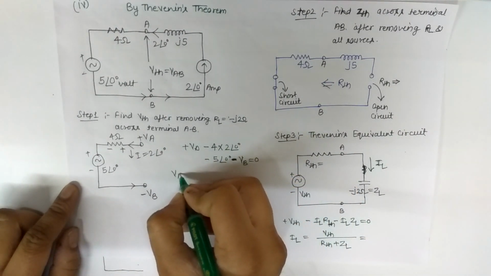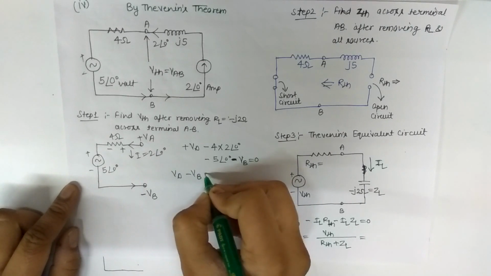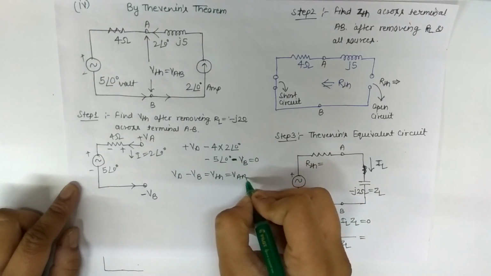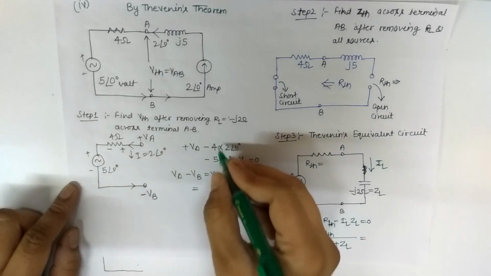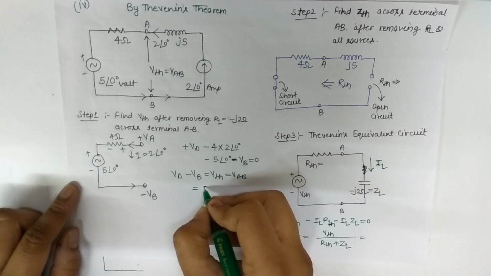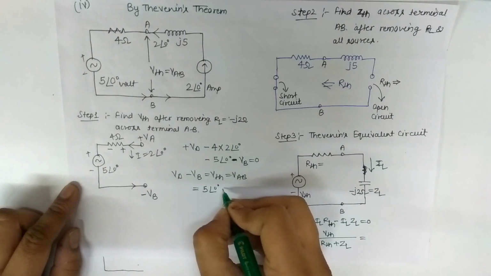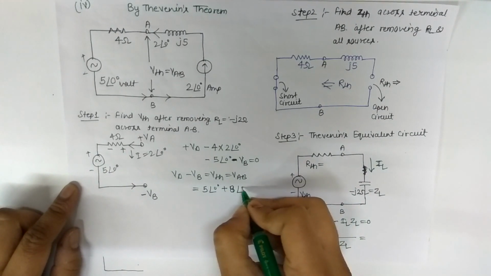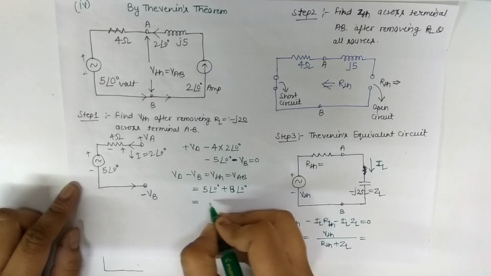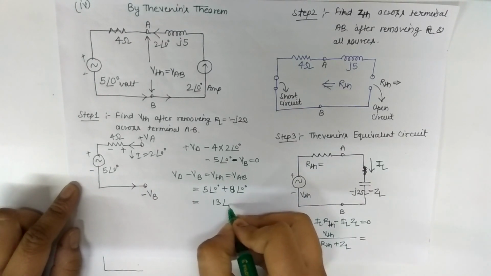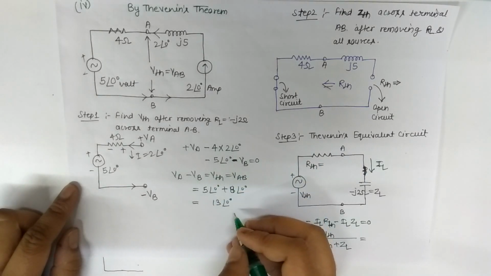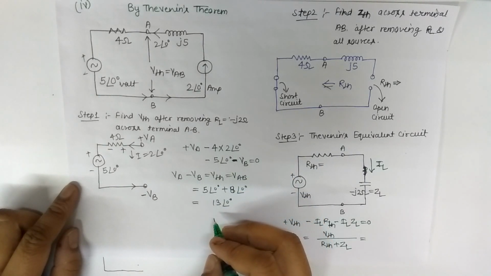So VA minus VB, that would be VTH or VAB, is equal to, taking this side, 5 angle 0 degree plus 4 into 2 angle 0 degree. So in the polar form it would be 13 angle 0 degree. So we find out VTH or VAB in this way.